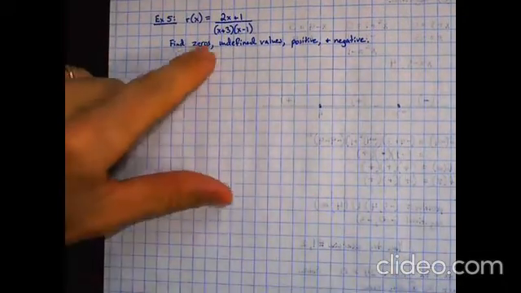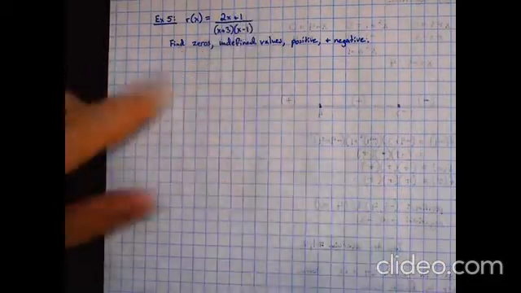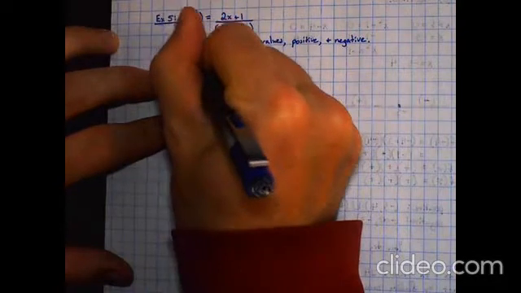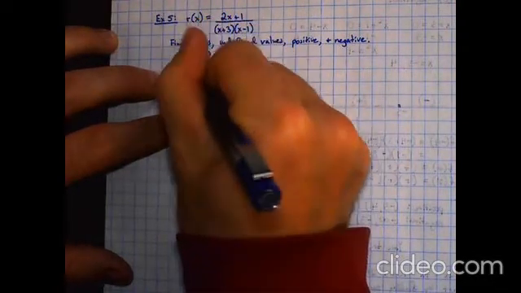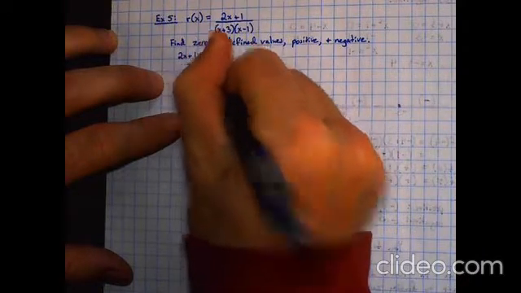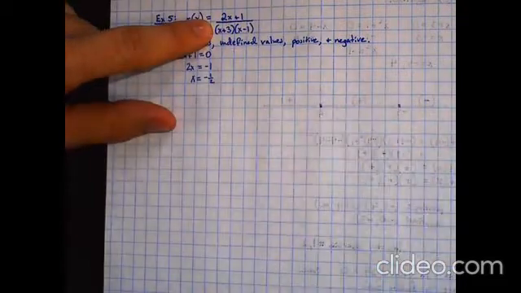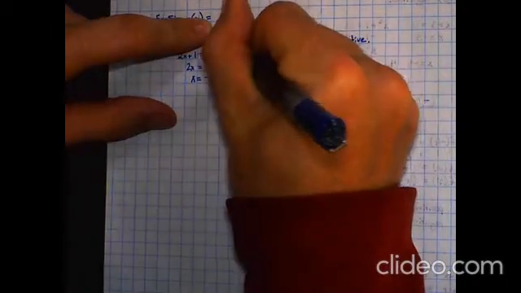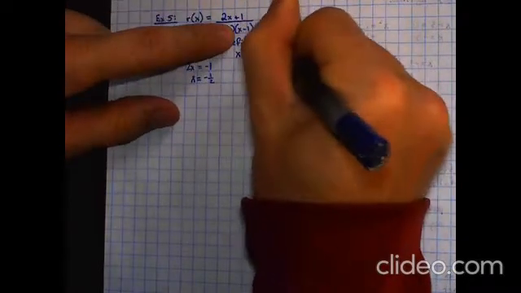So we find our zeros just by setting the numerator equal to 0. So 2x plus 1 equals 0, 2x equals -1, x equals -1/2. And undefined is where our denominator equals 0. So undefined values, x cannot equal -3 or 1.